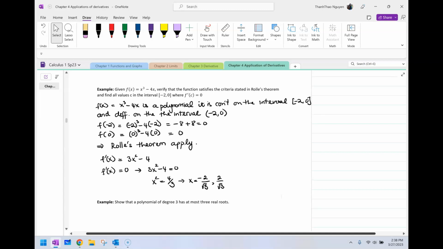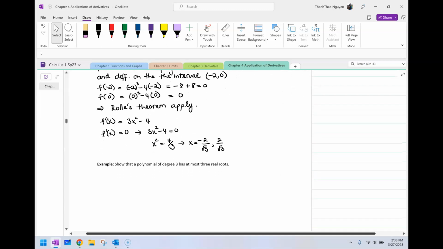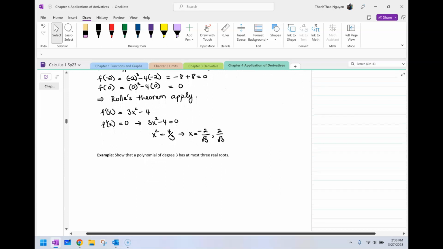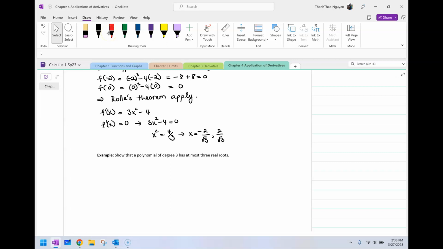Okay. Show that a polynomial of degree 3 has at most 3 real roots. What does it mean to have at most 3 real roots? It means it crosses the axis at most 3 times.